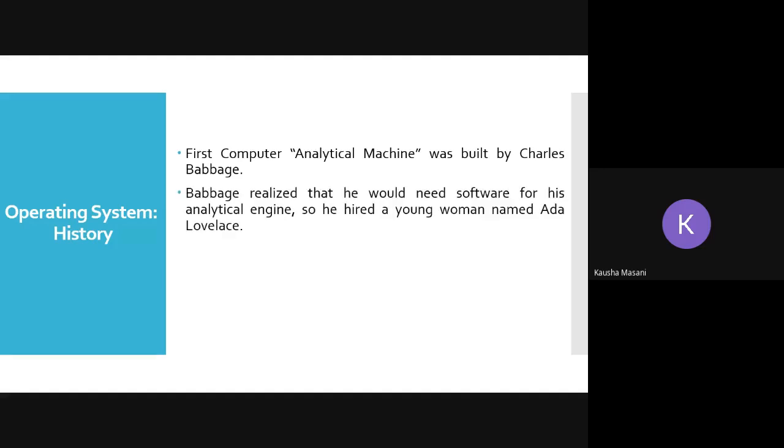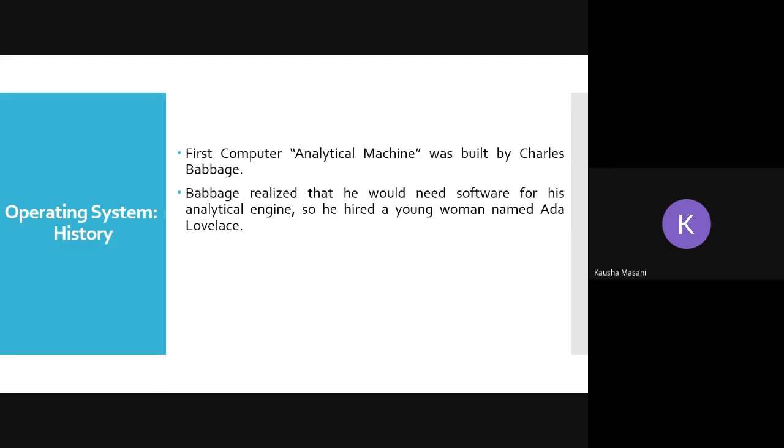What Babbage did was he realized that he needed some software for doing more than mathematical calculations, and thus he went to a woman named Ada Lovelace. She is believed to have recognized that this analytical machine should not only do calculations, but should also run some applications.